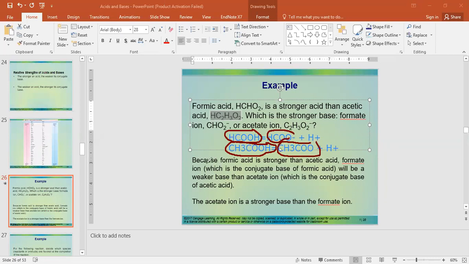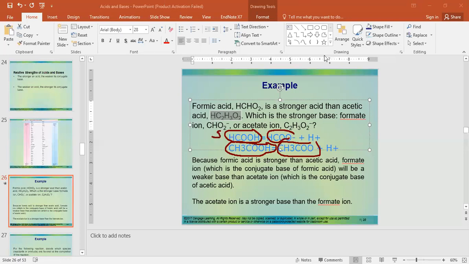Because the methanoic acid is stronger than the acetic acid, I really don't like calling them formic acid. I'd rather call them methanoic acid and ethanoic acid. So the ethanoate ion, which is the conjugate base of the acid, will be weak.